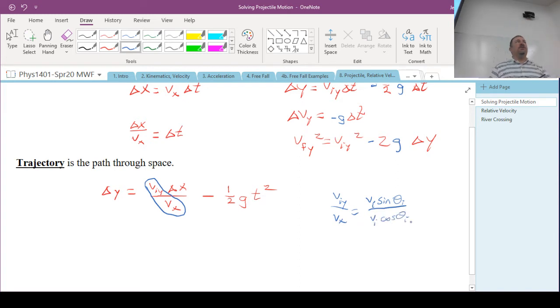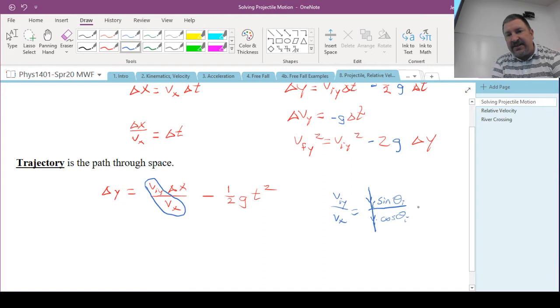Because when we think about v initial, we often think about it in terms of magnitude and direction. And if you know the magnitude and the regular angle of a vector, you can calculate the components by taking magnitude times sine or cosine. So I just did it correctly for the y component in the top and the x component in the bottom. And then these v initials actually cancel.